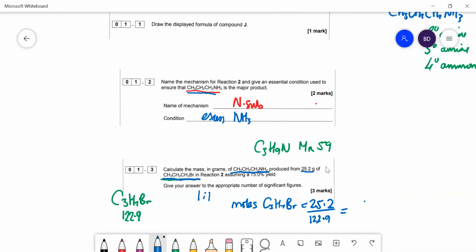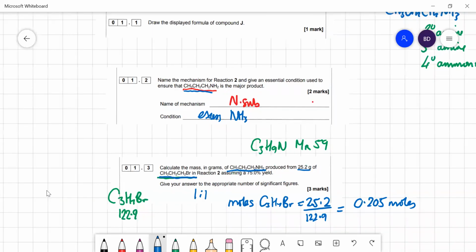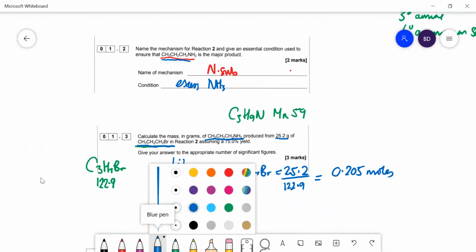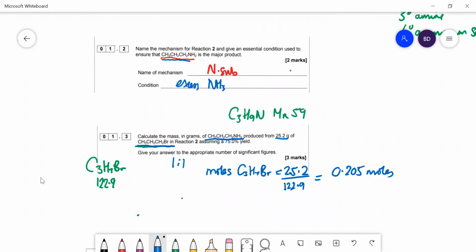That gives us 0.205 moles of the bromopropane. So therefore, we get 0.205 moles of the amine if we get 100% yield.